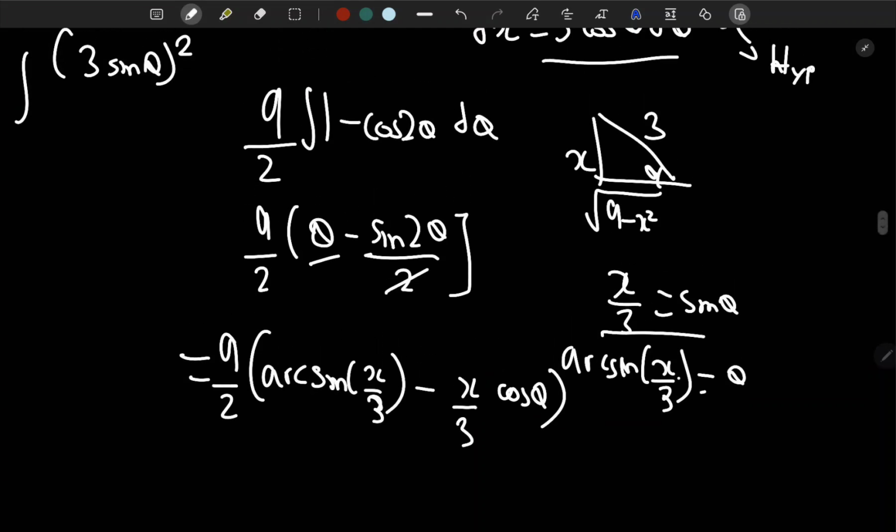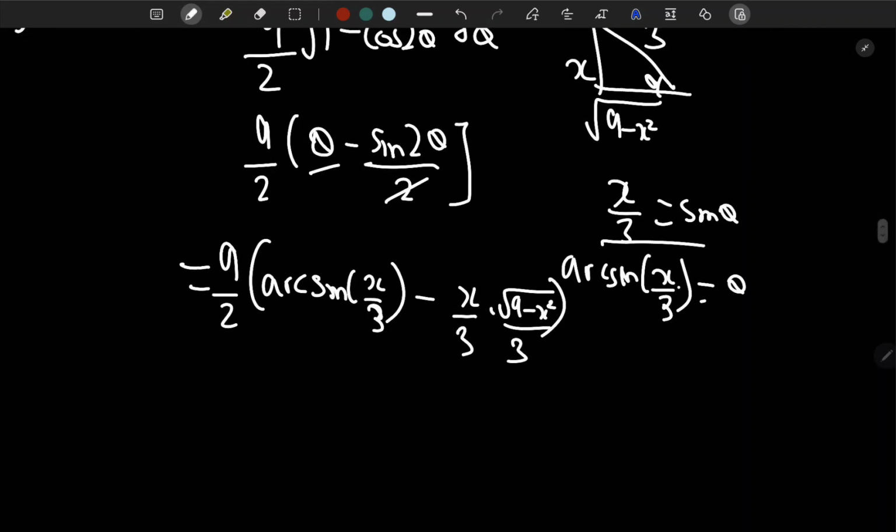So let's go back to our triangle here. Cosine is adjacent over hypotenuse, so the adjacent side is radical 9 minus x squared over hypotenuse 3. So this part is going to be multiplied by radical 9 minus x squared over 3. So here let's just simplify.